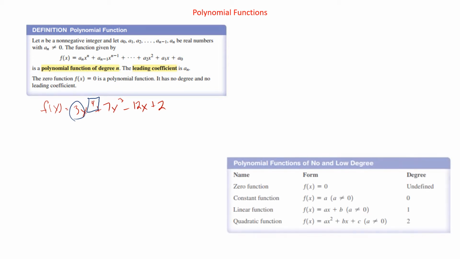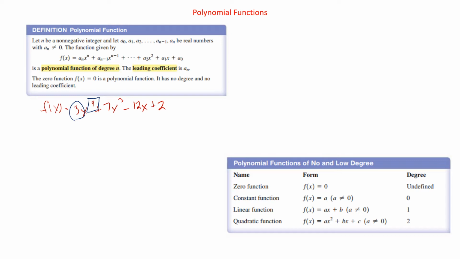actually right about now. So we have some names of polynomials. The zero function, f of x equals 0. It has no degree, it's the x-axis is all that is. The constant function, f of x equals a, that's a horizontal line, has a degree of 0.